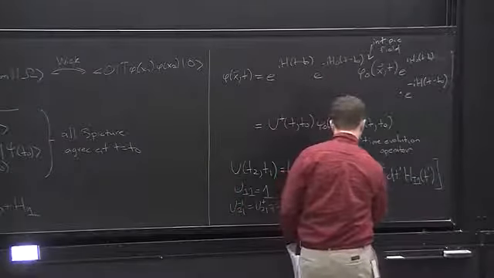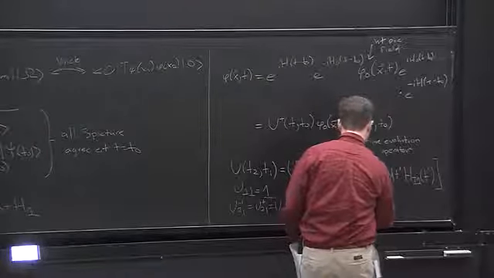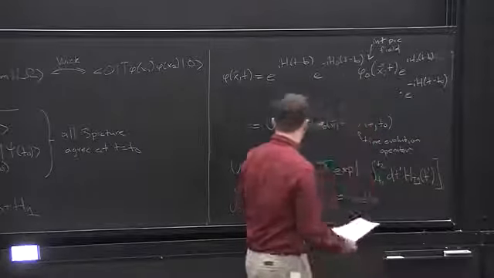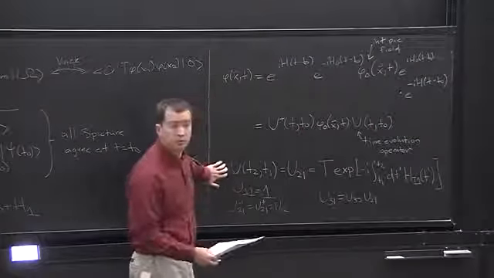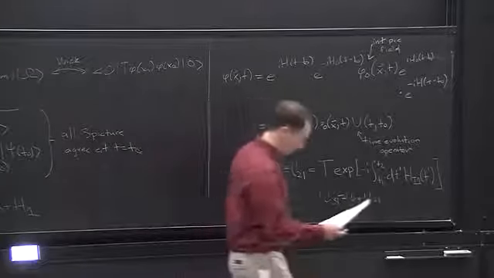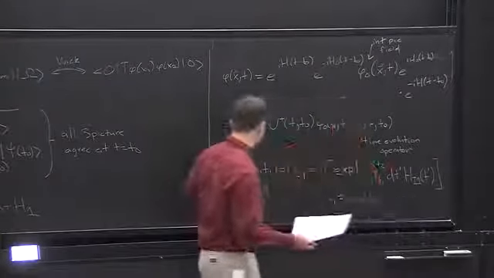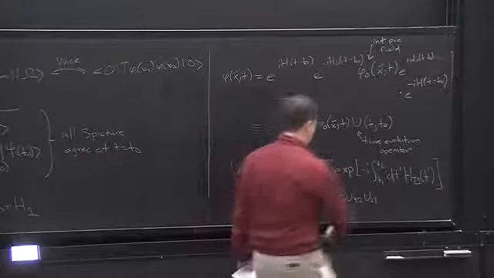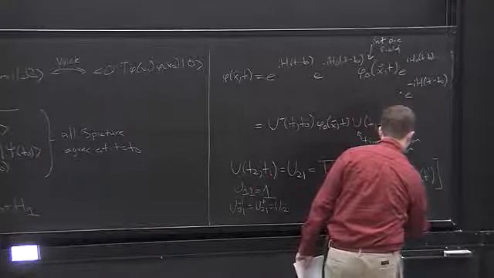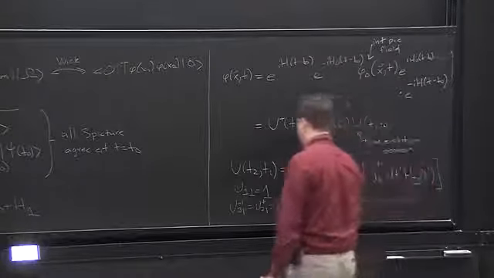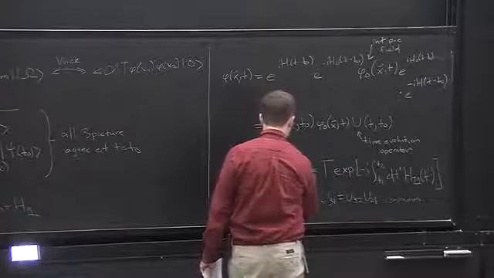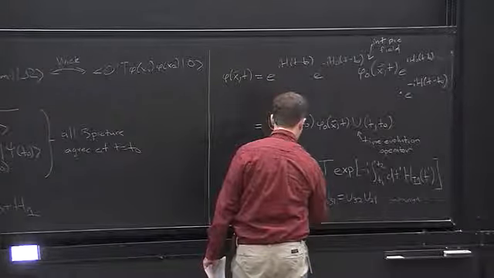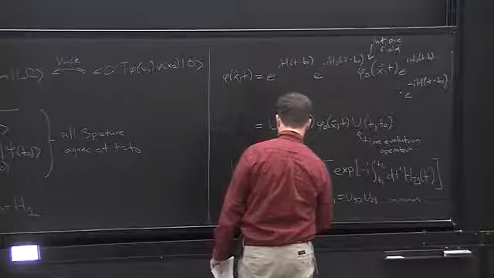So U31 is U32 times U21. You could have verified these explicitly using this formula, but I won't do that. That's just what you'd expect for a time evolution operator: it should obey composition, evolving for no time is the identity, and it's unitary.